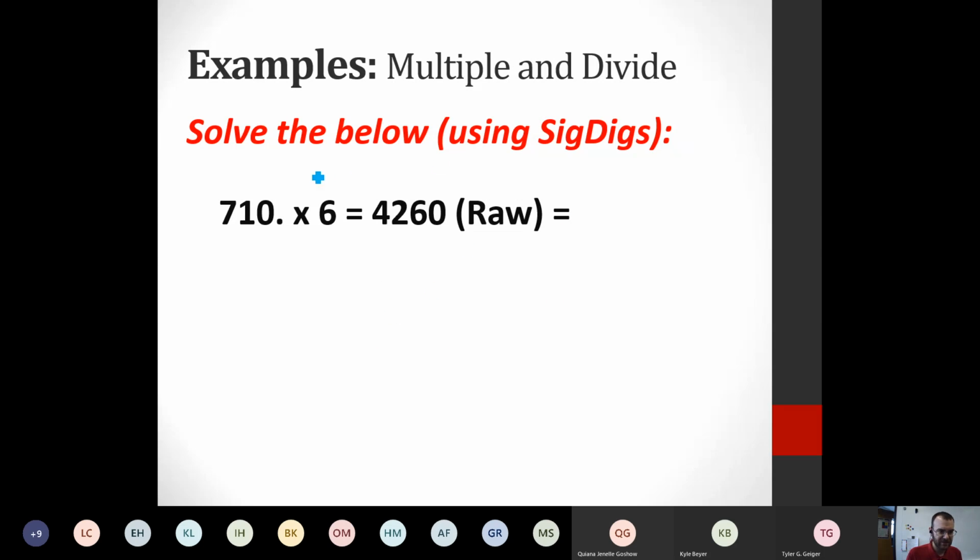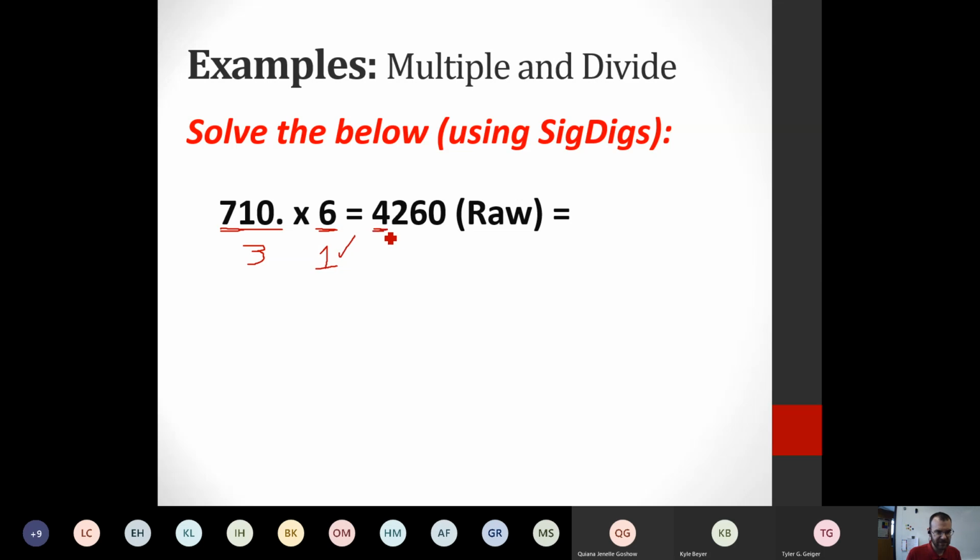Okay, as you do this here, you've got 3 significant digits on this first one, because you've got that decimal that's saying I've got 3. This 6 over here is all by its lonesome, so you only have 1. That means this number here, you can only trust 1 digit.